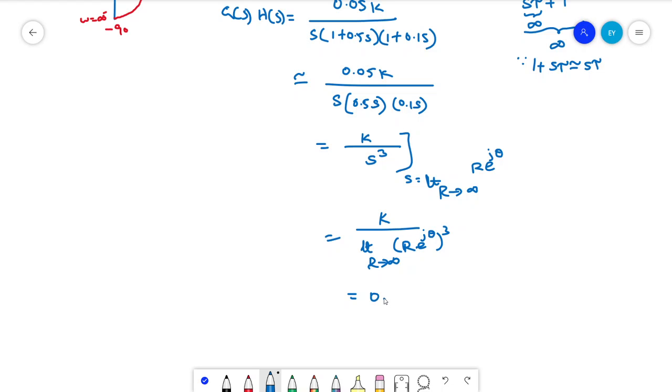So 0 into r will be 0, r tending to 0, so substitute that e power j minus, why minus, because it is going to the numerator, 3 theta, because here for the power functions, if you have a power n power n, you can multiply those powers.